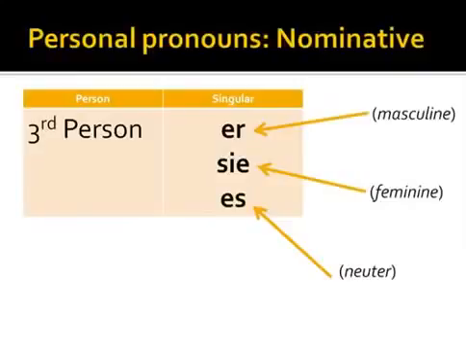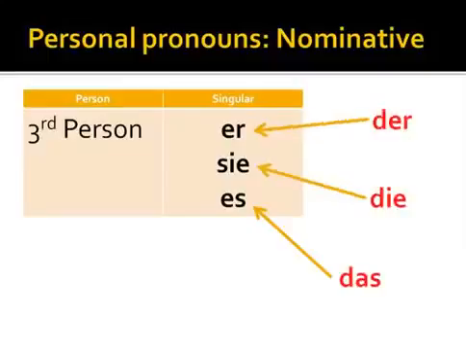So, talking about third person singular personal pronouns, he, she, it, well, that is, of course, a question of masculine, feminine, and neuter, as we see in this slide. What we can do in German is substitute the definite articles der, die, and das with the personal pronouns er, sie, and es.